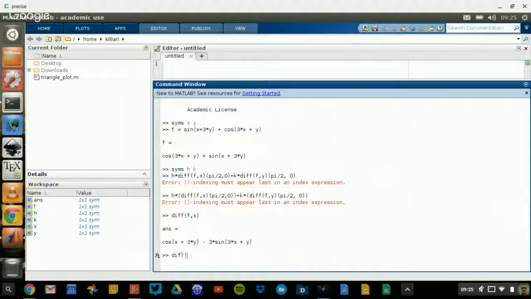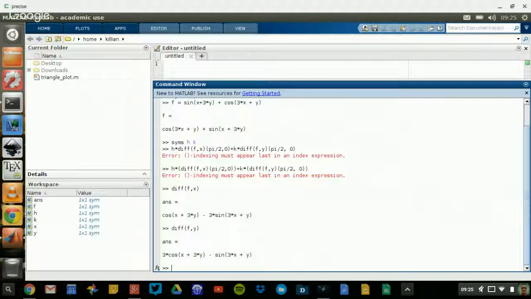Okay, I was getting an error message, I wasn't quite giving it the right format.